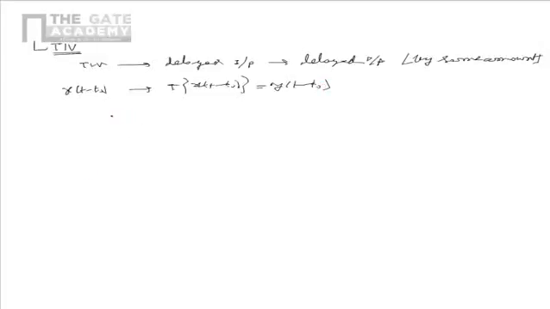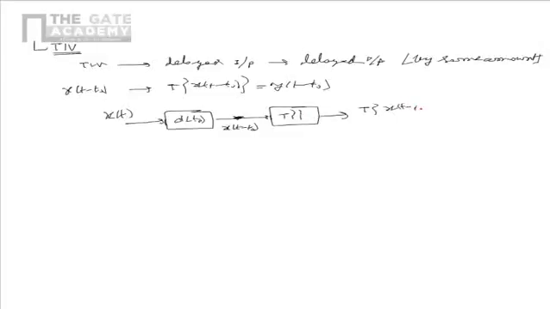Using a block diagram, this can be demonstrated as below. Suppose there is an input x of t. Delay this by t naught, and we get x of t minus t naught. Now you feed it to the system T, and the output is the transformation of x of t minus t naught. Similarly, feed the input x of t to the system first.